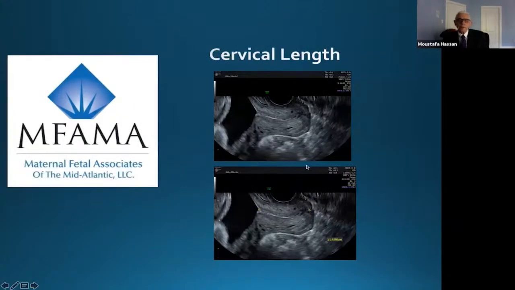Cervical length, we all agree that it should be done with vaginal ultrasound. You should have a good picture. You can see the whole cervix, you can see the internal os, you can see the external os, you can see the amniotic fluid. Bladder should be empty. Not too much pressure of the probe on the cervix.